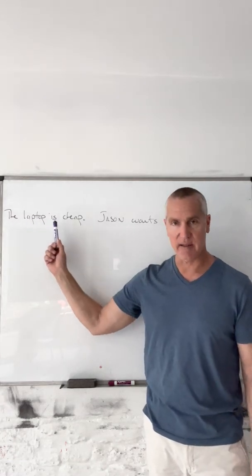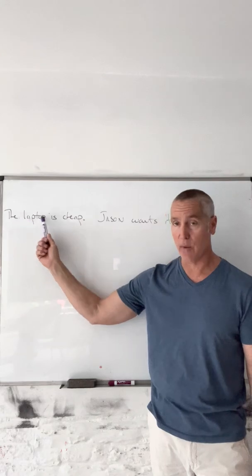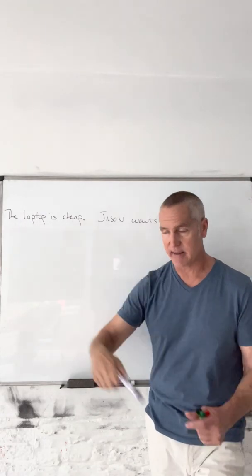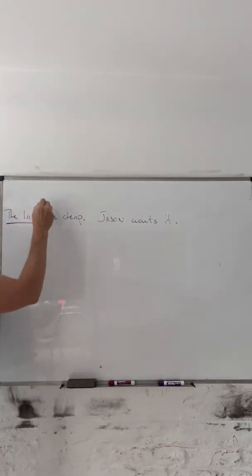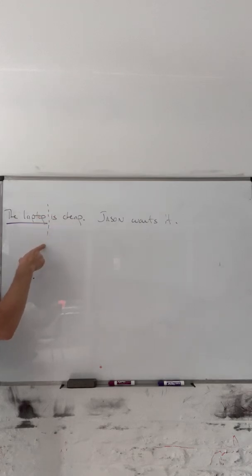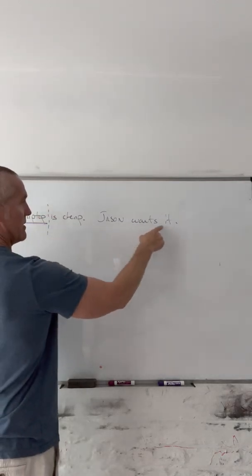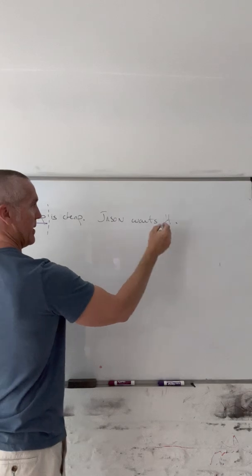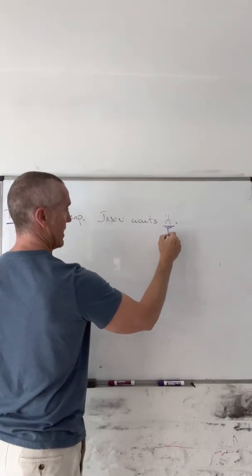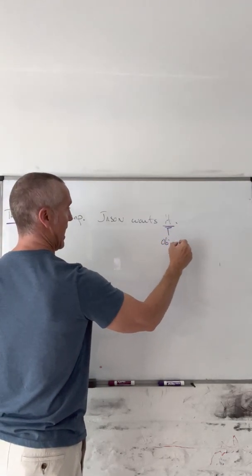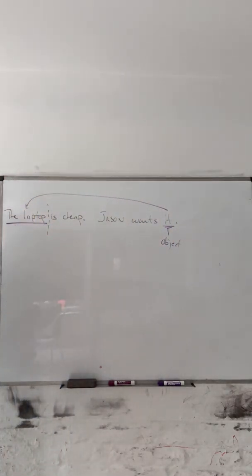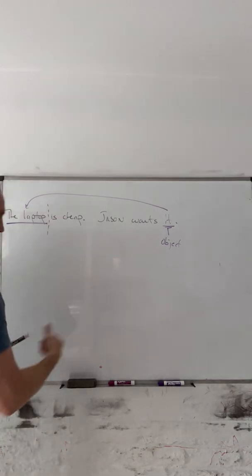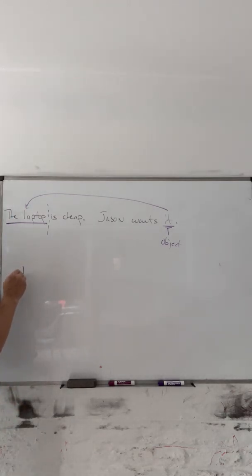In the first sentence, again, there's only one noun that we see here to modify, and that's the subject. So that's right here. It's the laptop. So we know then that first sentence we have to split it right there, and then Jason wants it. Subject, verb, object. So we know that it is the object reference, and it is referring to the laptop. So it's a very easy combination, and again, that would be right here.